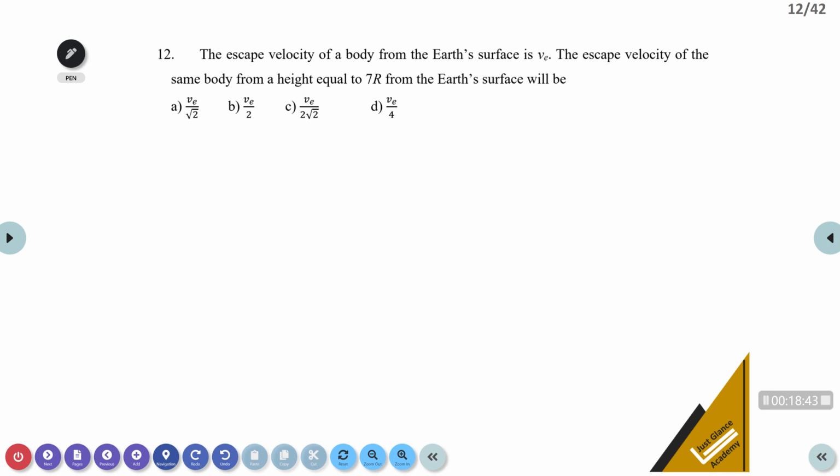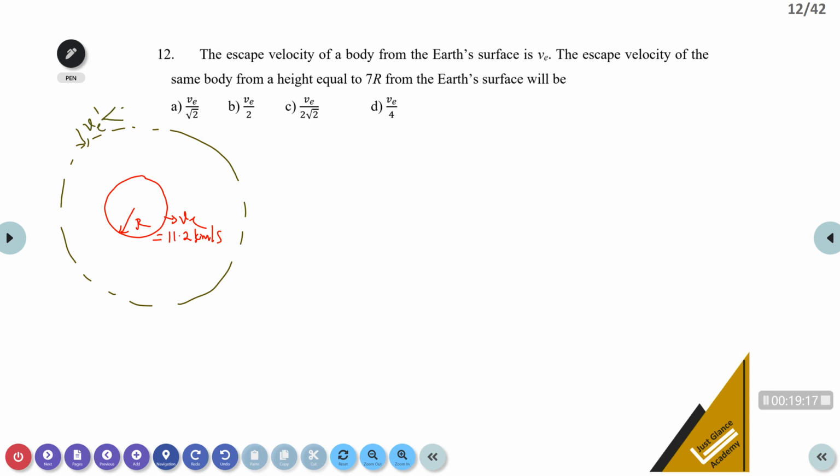Next, problems related to the escape velocity. Students, remember one hint here. Escape velocity is always maximum on the surface of the earth. On the surface, it is 11.2 kilometer per second. As I go above the earth's surface, the escape velocity VE dash is always less than V. Remember this hint.